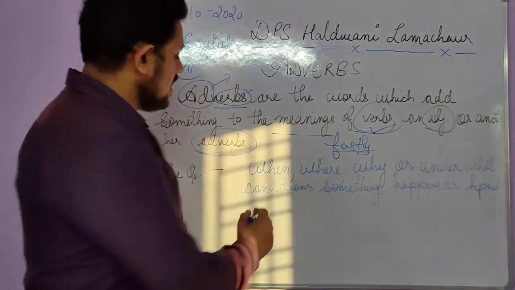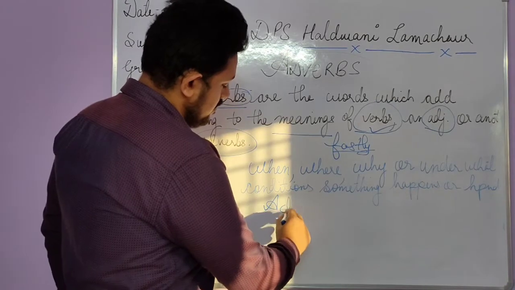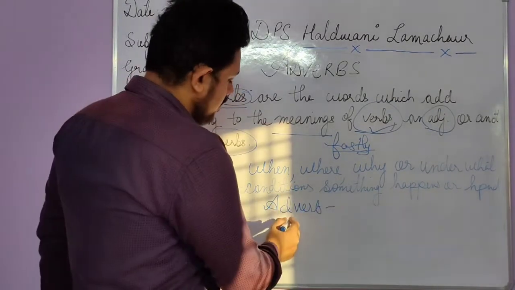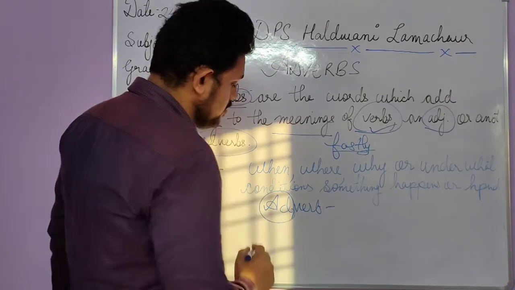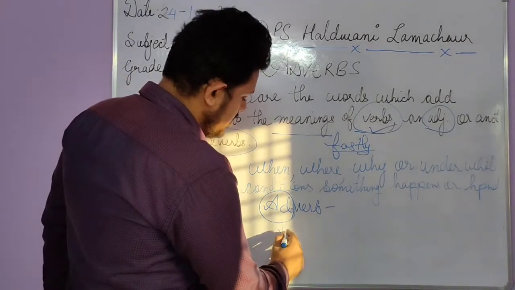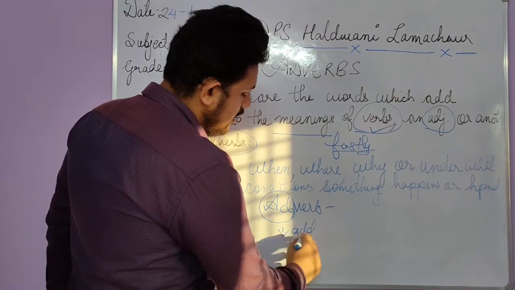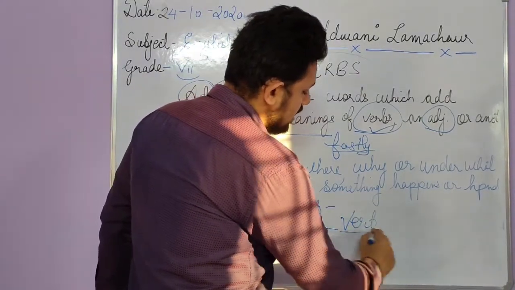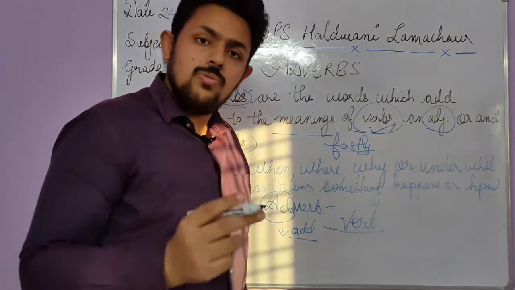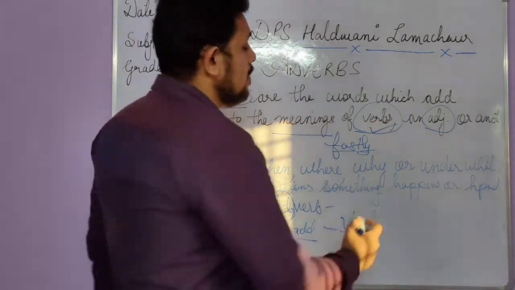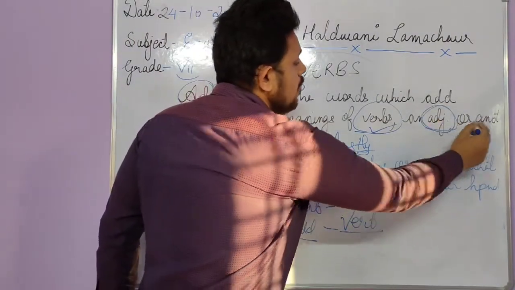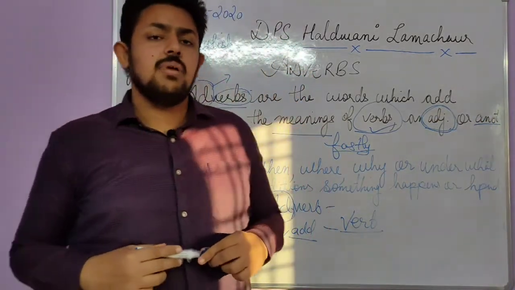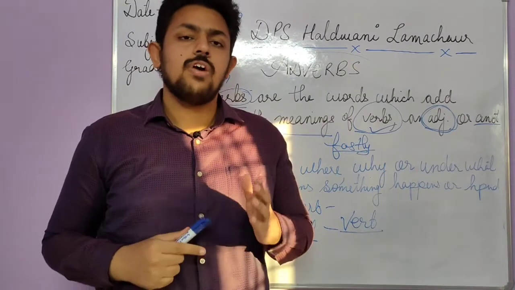So this is adverb, which adds something to the verb present in a sentence. Not only the verb present in a sentence, maybe it can be an adjective or another adverb. So this is the meaning and definition of adverbs.